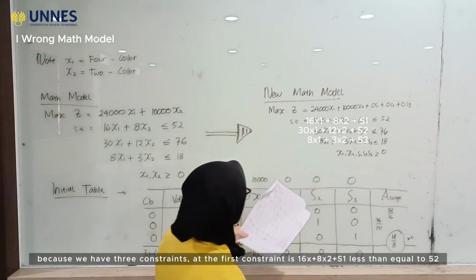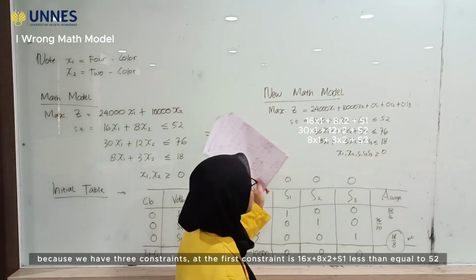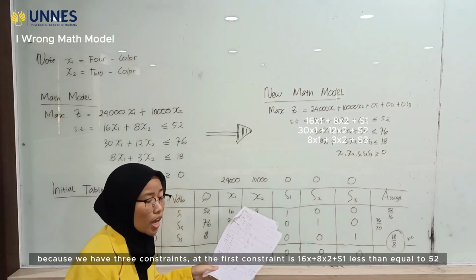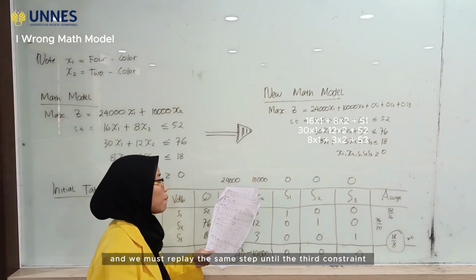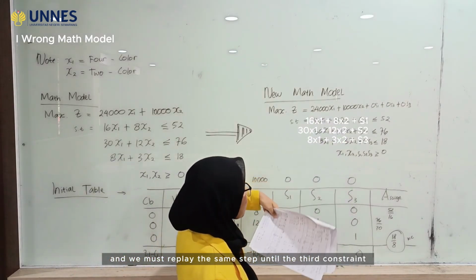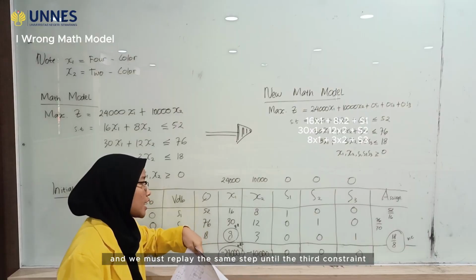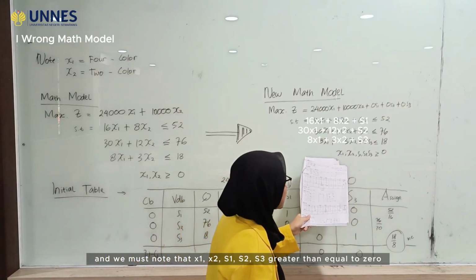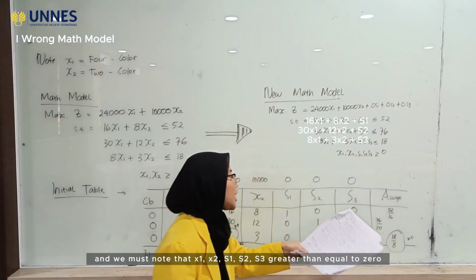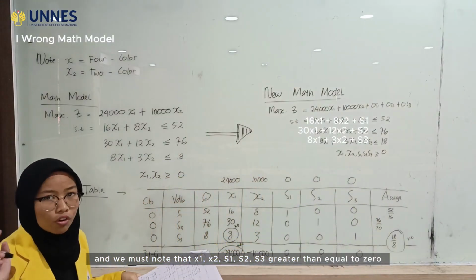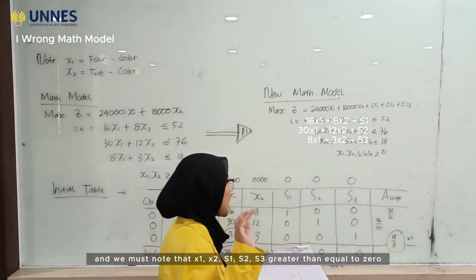The first constraint is 16x1 plus 8x2 plus s1. We repeat the same step until the third constraint. Here we must note that x1, x2, s1, s2, s3 are greater than or equal to 0. So don't forget to write s1, s2, and s3, guys.